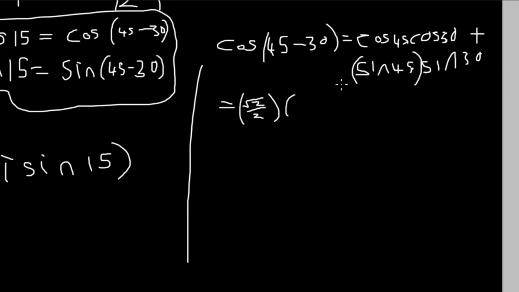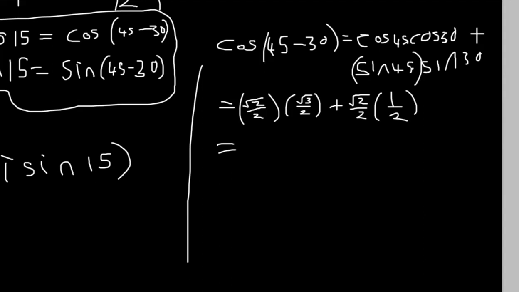Then cos 30 is root 3 over 2, and then plus sine 45. This one is just the same, root 2 over 2, and then you open the bracket. Sine 30 is 1 over 2.